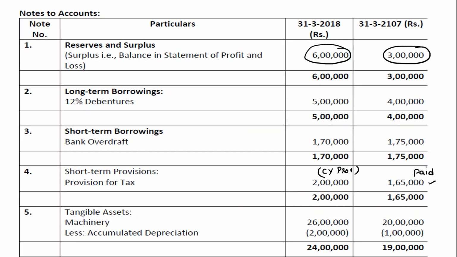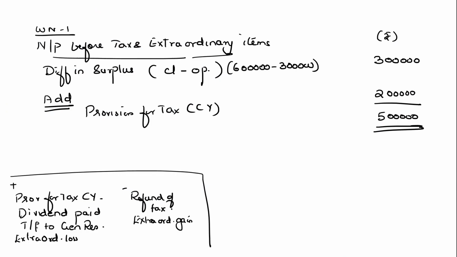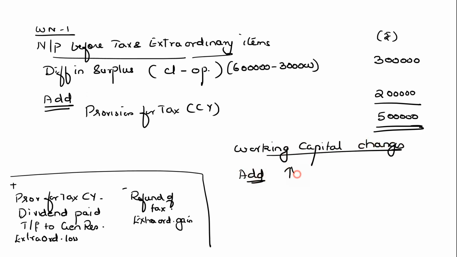Now a very important thing you have to remember is what is to be added and what is to be subtracted. In respect of working capital changes, make a note of this. We add whenever there is an increase in current liability or a decrease in current asset, and we subtract when there is an increase in current asset or a decrease in current liability.